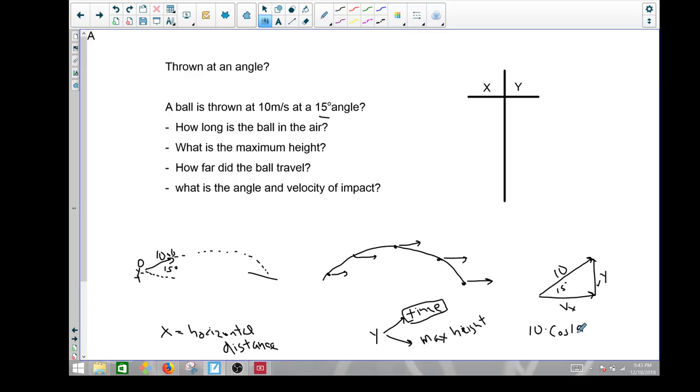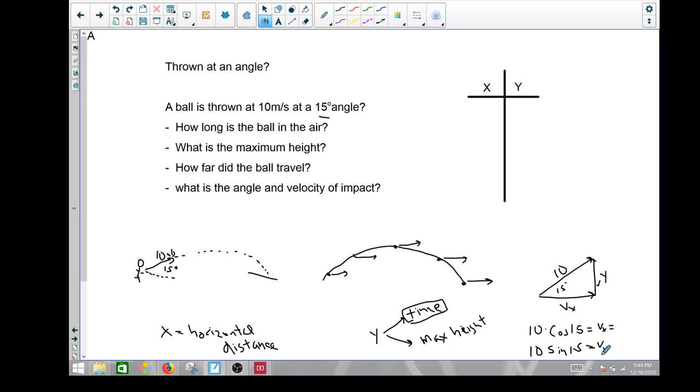Don't forget, we broke many vectors into components, so we're using our shortcut methods here. Then 10 times the sine of 15 equals the velocity in y.